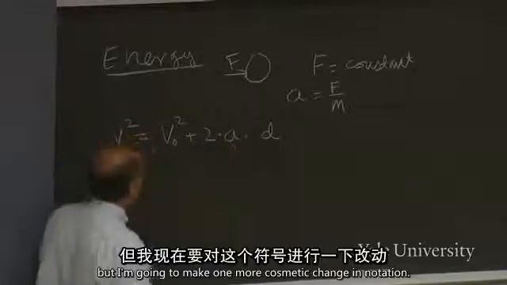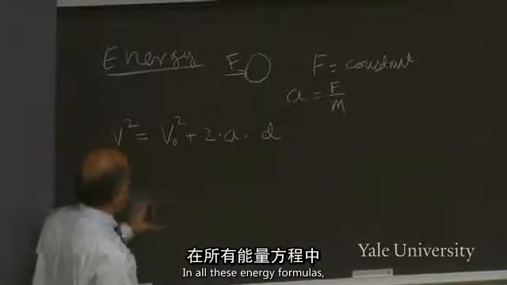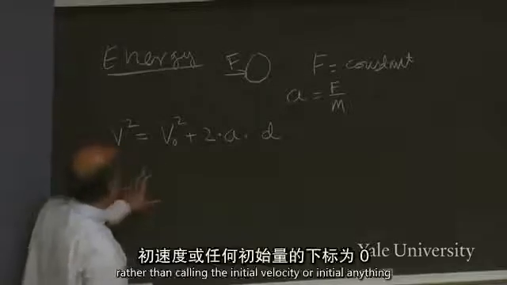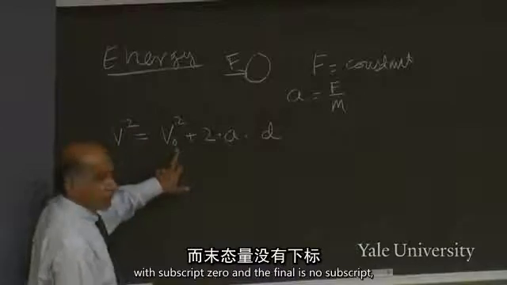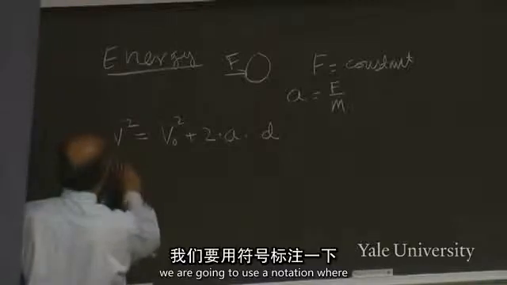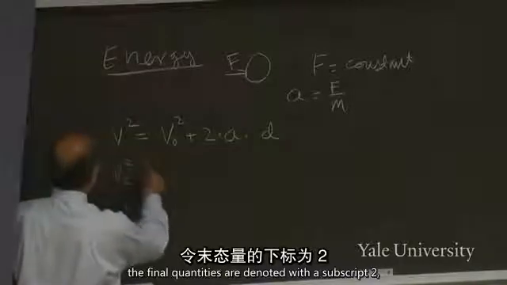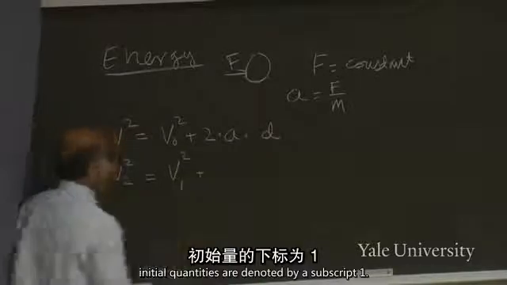But I'm going to make one more cosmetic change in notation. In all these energy formulas, rather than calling the initial velocity or initial anything with a subscript 0 and the final with no subscript, we're going to use a notation where the final quantities are denoted with a subscript 2, initial quantities are denoted by a subscript 1.